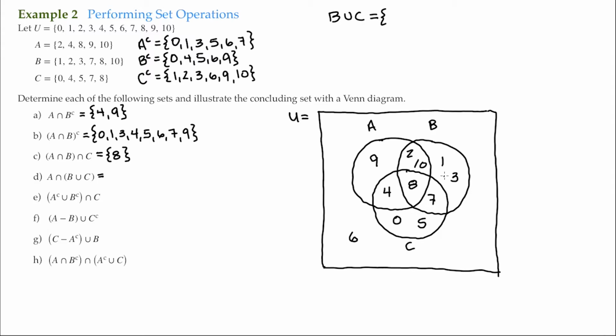For the Venn diagram, everything that's in B and C. So we have 0, 1, 2, 3, 4, it looks like. 5, 7, 8, and 10.